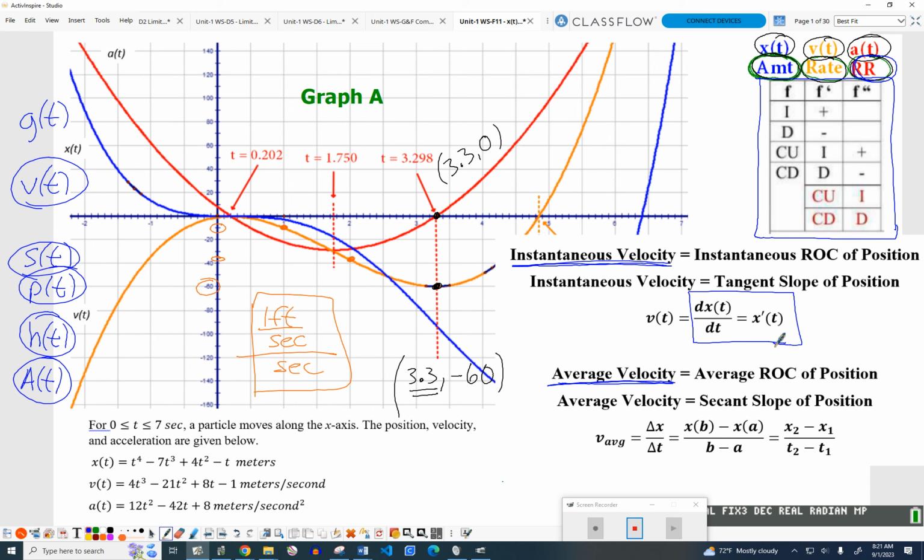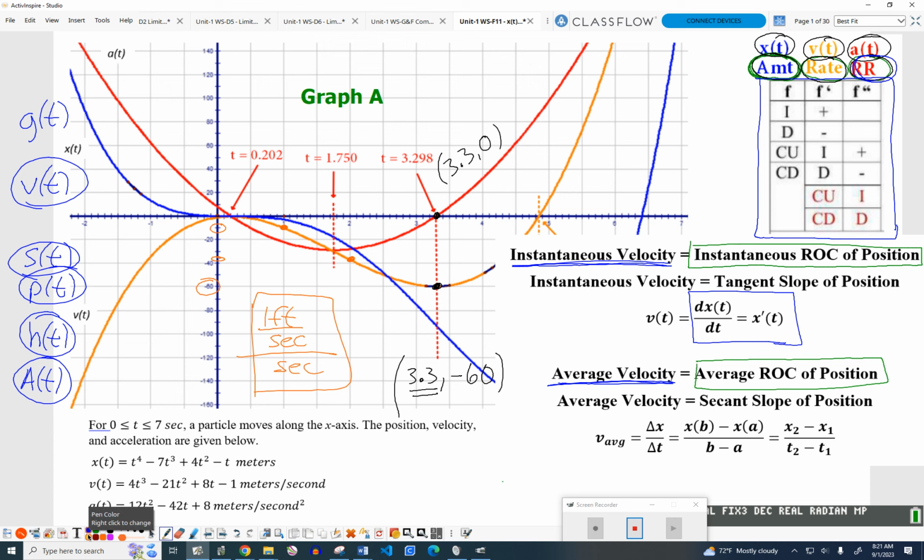Let's see. Average. You have calculated average rate of change for a long time. Average rate of change just means slope. But in this class, we calculate two different kinds of slopes. We calculate tangent slopes, and we calculate secant slopes.